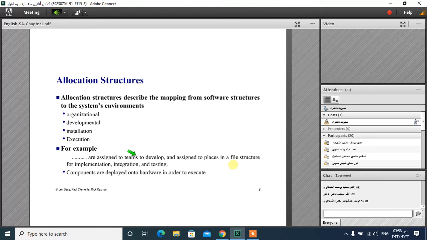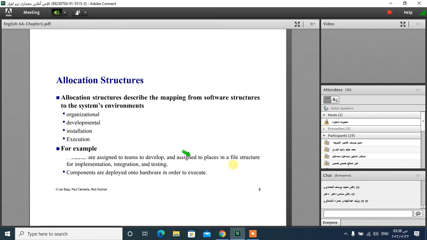For example, we have 3 high-level modules and we also have 3 programming teams. Team number 1 is responsible for module number 1, team number 2 is responsible for module number 2, and team number 3 is responsible for module number 3. So based on the modules, we assign the functionality of developing those modules to our programming teams.